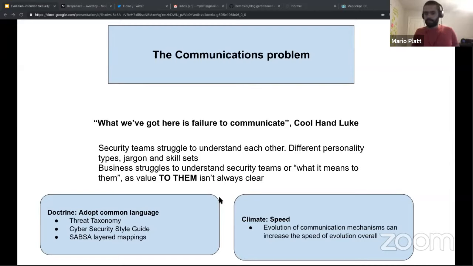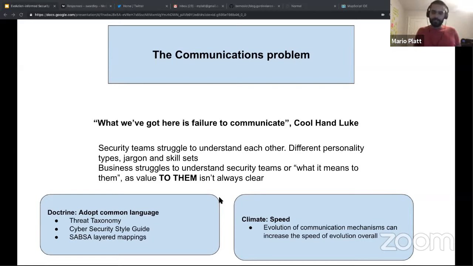So I propose three tactics to address the communication problem: adopting a threat taxonomy, adopting a cybersecurity style guide, and adopting a subset layered mappings approach, which we'll go through next.